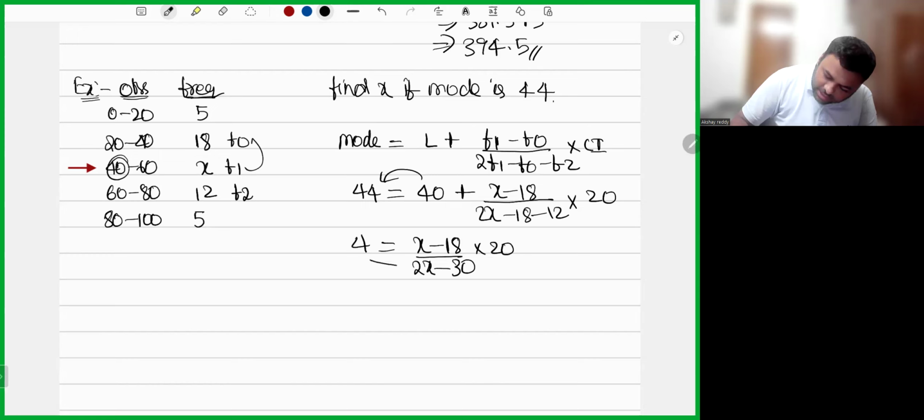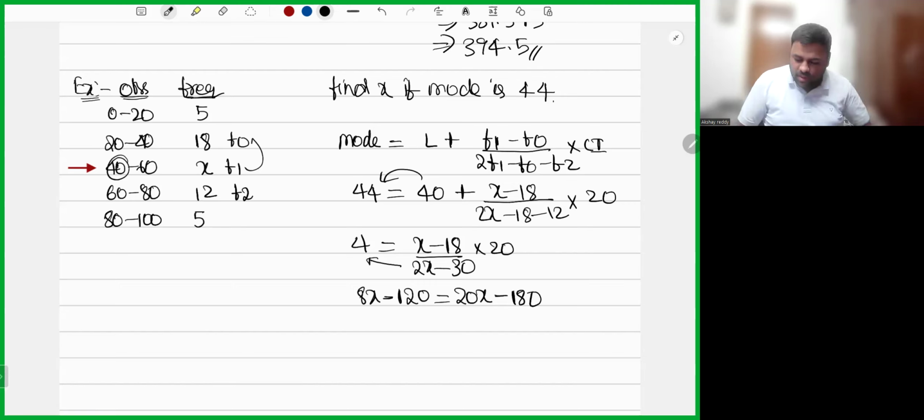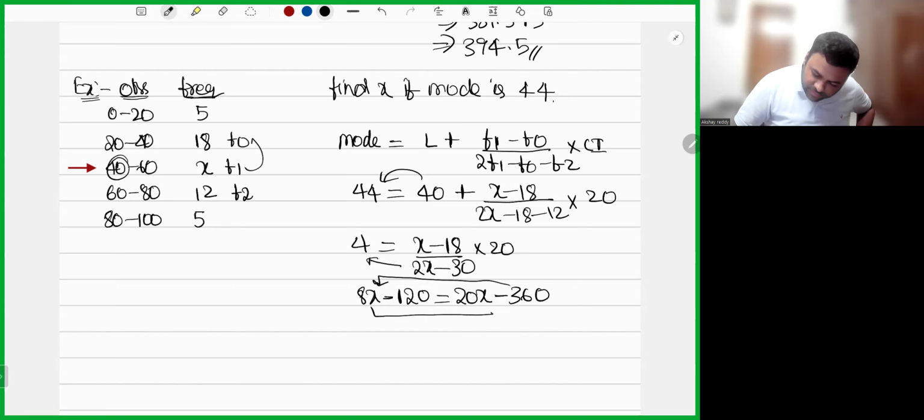Let's do cross multiplication. 8x. What is 4 into 30? 120. Is to 20x minus 180. Not 180, sir. 360, sorry. Okay. Take 360 here. Take 8x here.